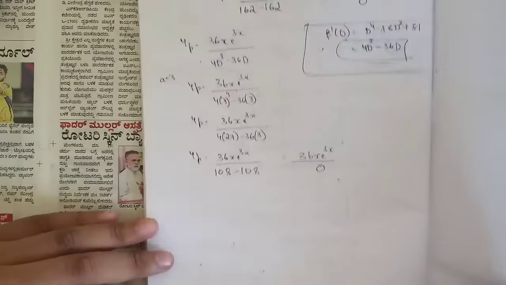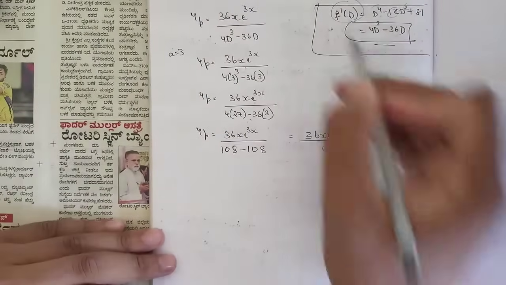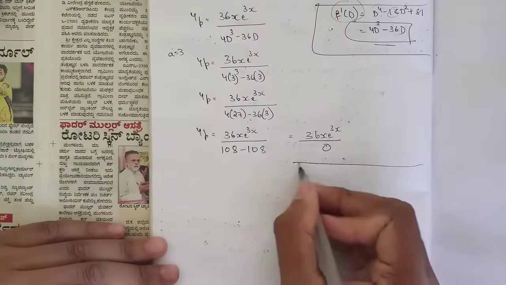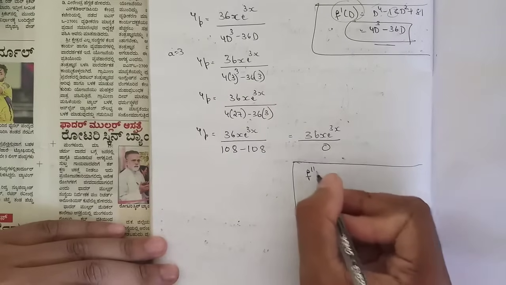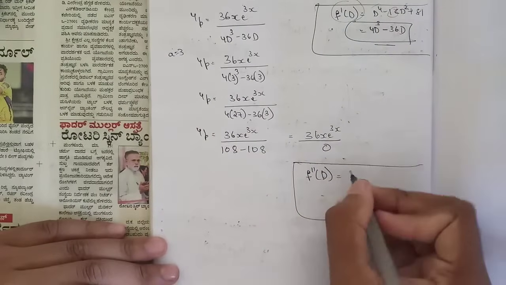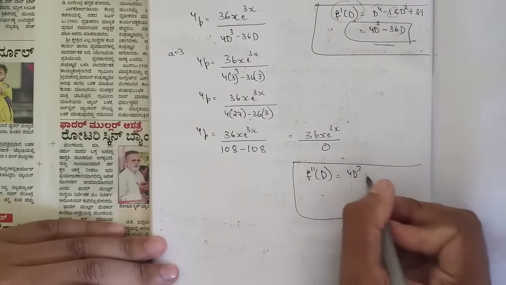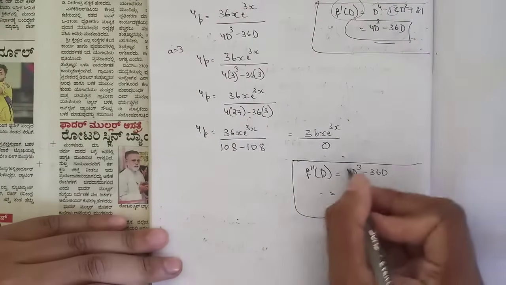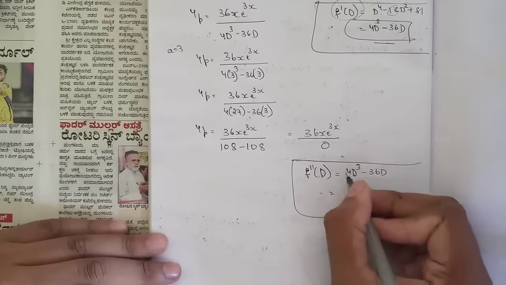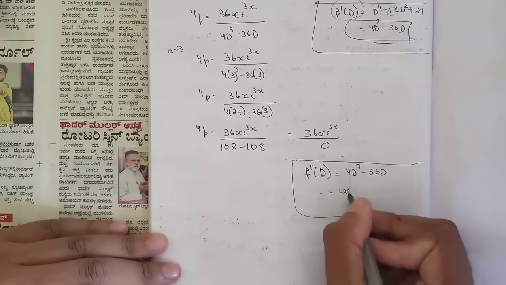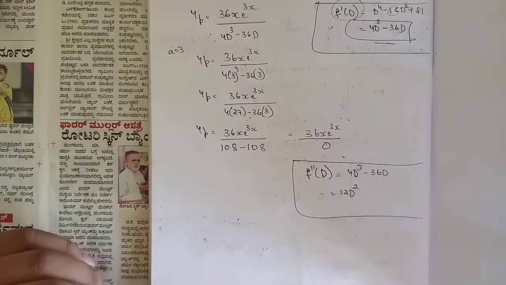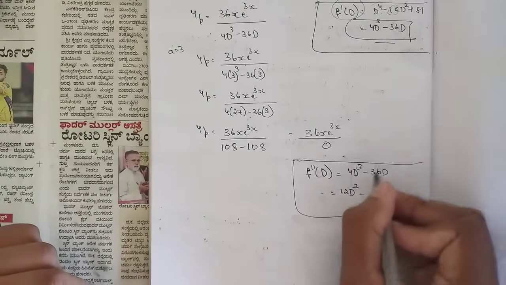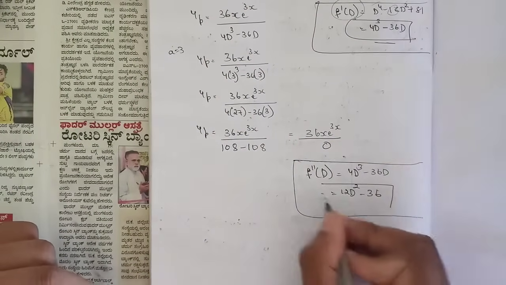Now if we again get the denominator as 0, we need to take the derivative of f dash of d again, that is f double dash of d. What is f dash of d? We got 4d cube minus 36d. Again we take the derivative: 4 into 3 is 12, and d cube is replaced by d square, minus the derivative of 36d, which is 36.